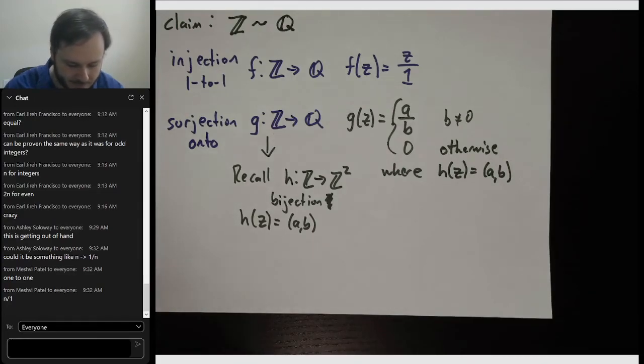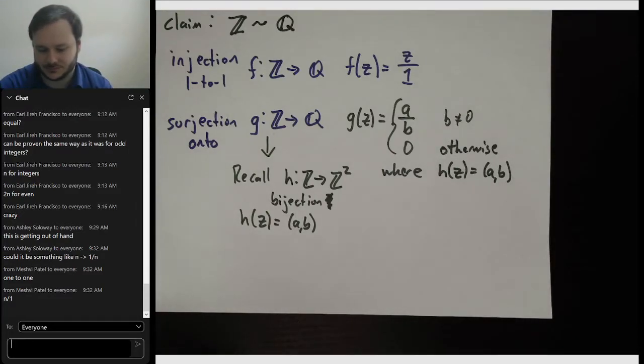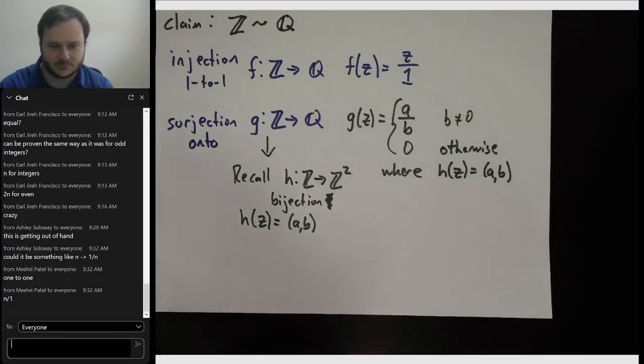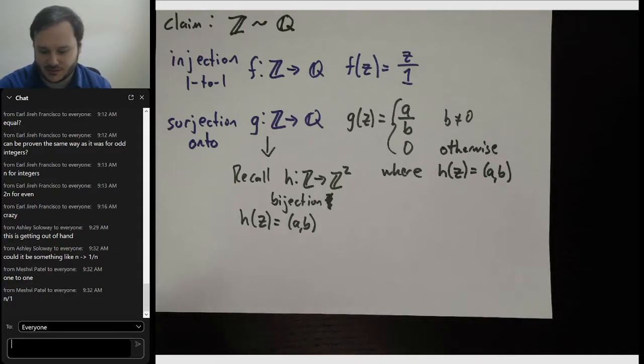Okay. What's the next set I should look at? Done integers, done rational numbers. Which one's next?